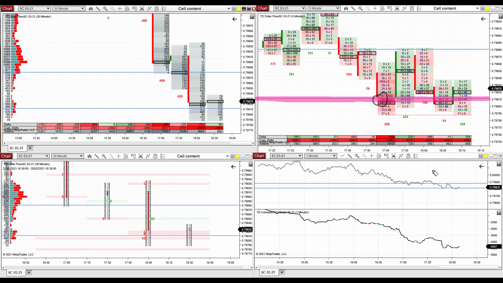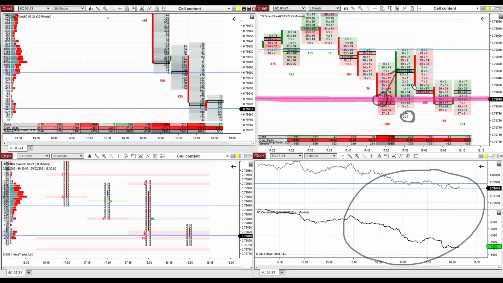Or divergence between price and delta, I didn't see that either. I only saw those limit orders. But that was enough for me to enter the trade. I entered the long, and then delta turned. That was great, because I saw that buyers were entering the market. There were aggressive buying imbalances showing aggressive buyers jumping in.